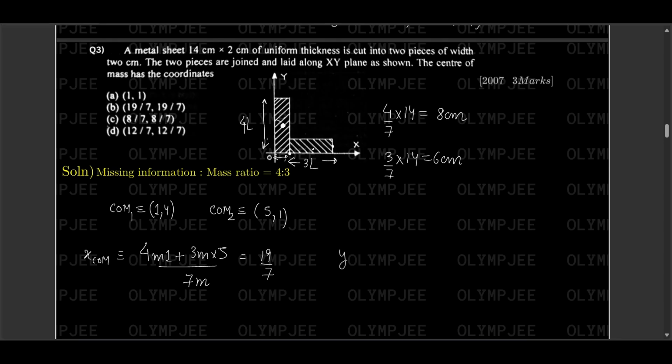And the y coordinate of center of mass will be 4m multiplied by 4 plus 3m multiplied by 1, divided by 7m, which gives us 19 by 7 again. So the correct answer will be B.